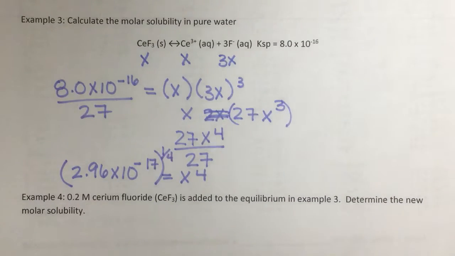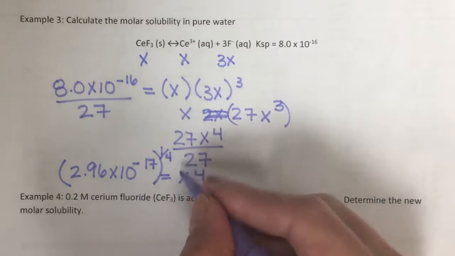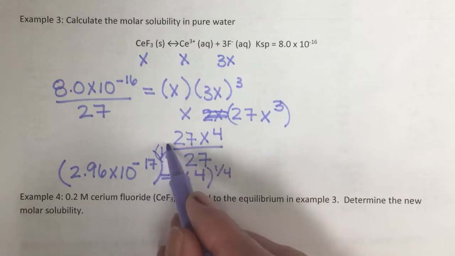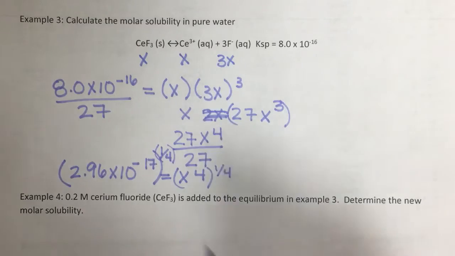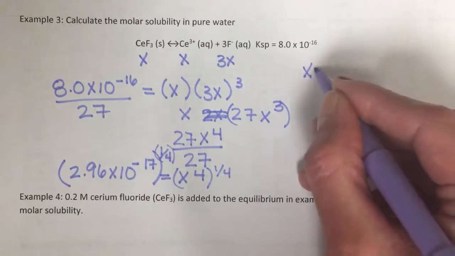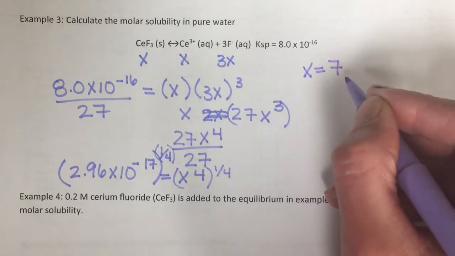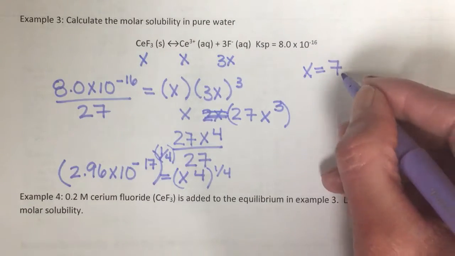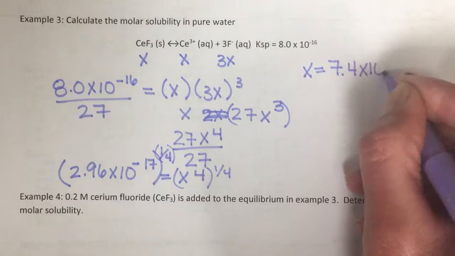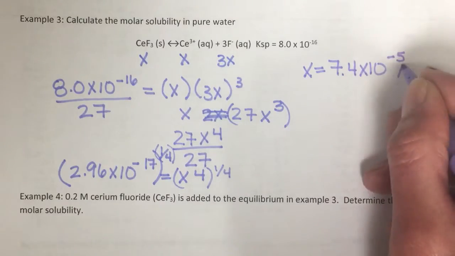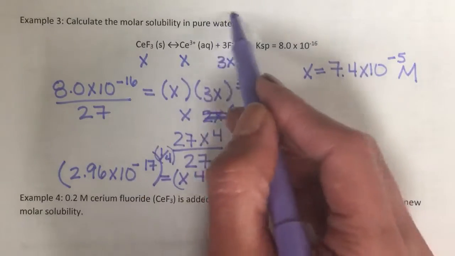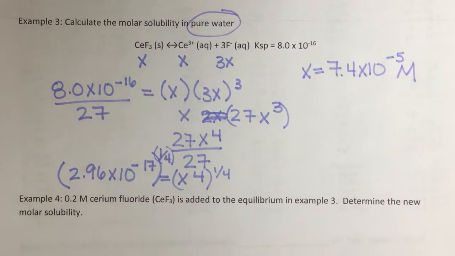Now remember, depending on my calculator, I may need to put this in parentheses, but what I should get is x is equal to, I have 2 sig figs, so 7.4 times 10 to the negative 5th moles per liter of this can dissolve in pure water.